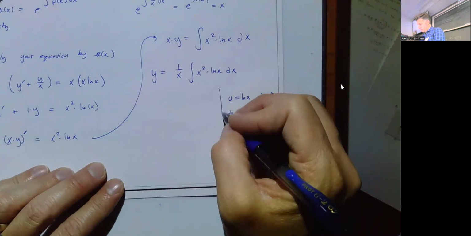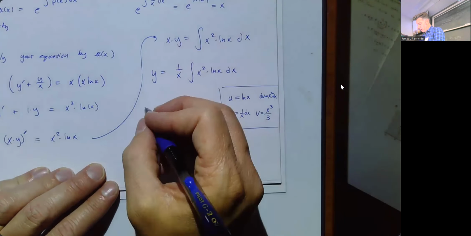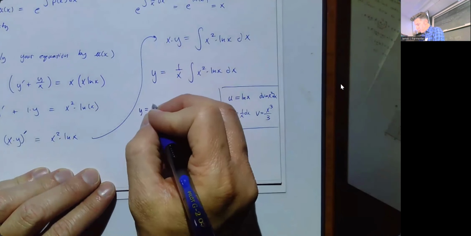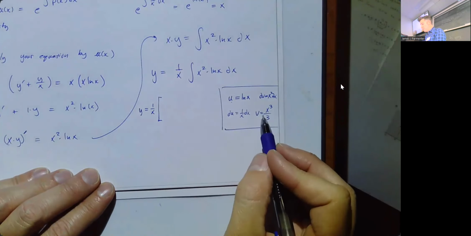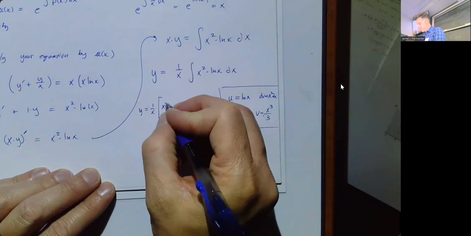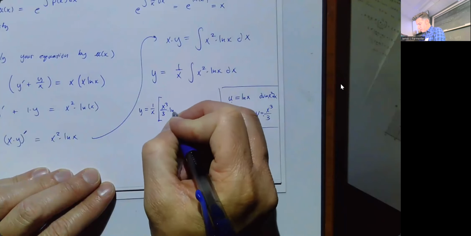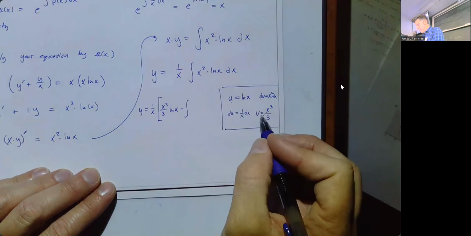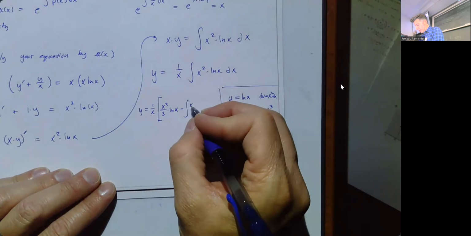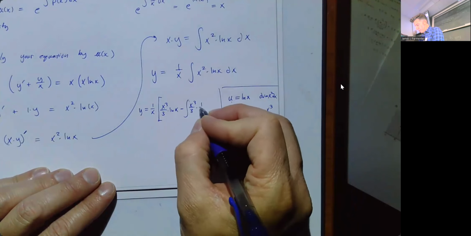So writing this out, we're going to have y equal to 1 over x times uv, x cubed over 3 times natural log of x, minus the integral of v du, x cubed over 3 times 1 over x dx.